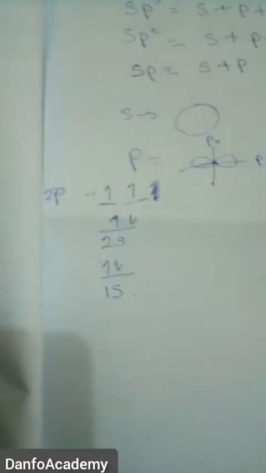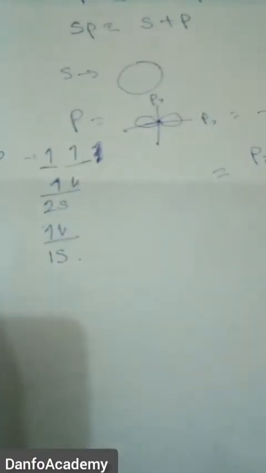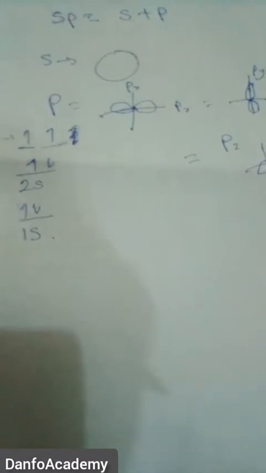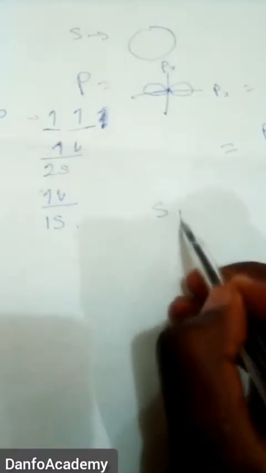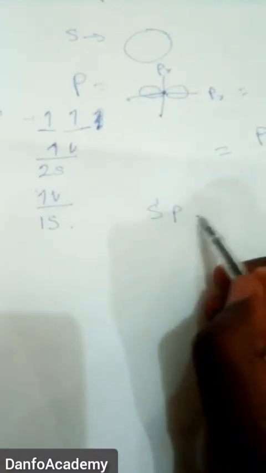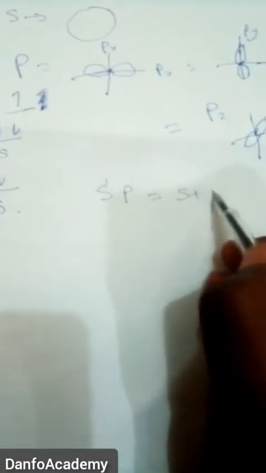Now when you're talking about hybridization, we're talking about sp3 hybridization. For sp3 hybridization of carbon, that is your s plus p plus p plus p.